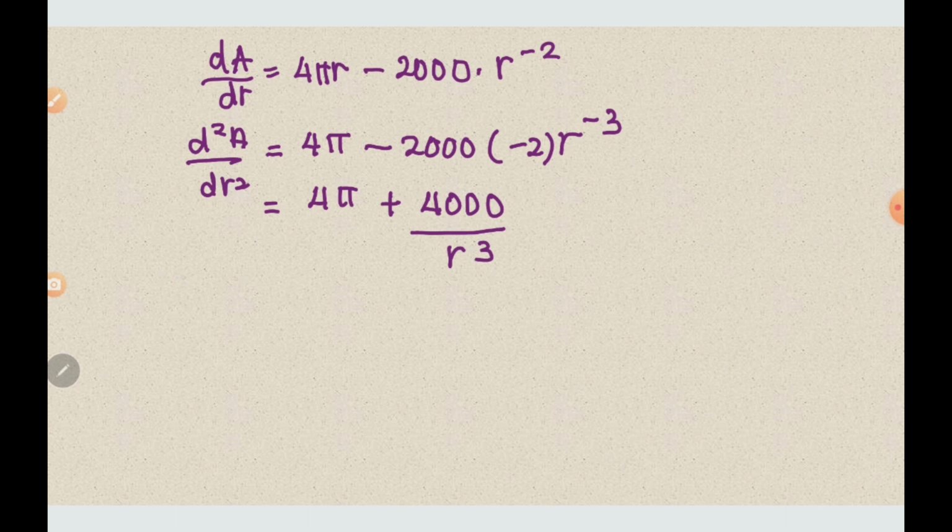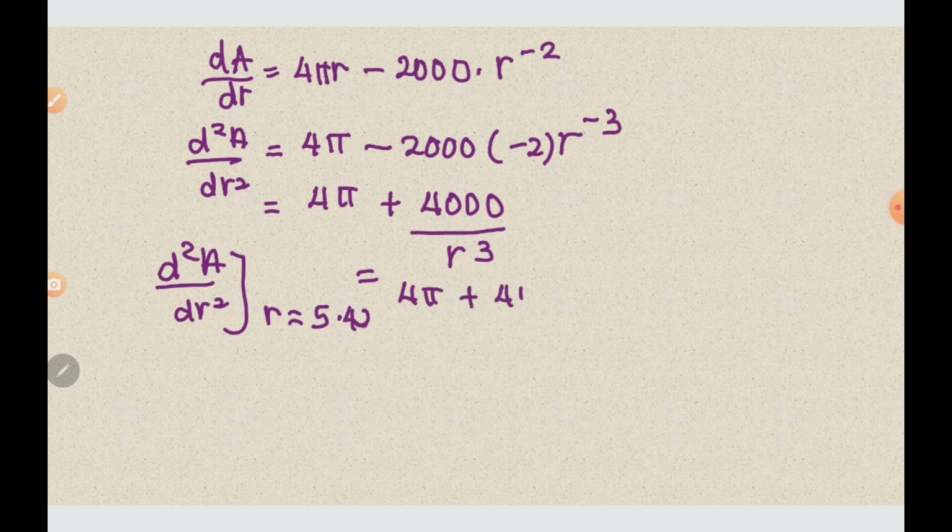Okay, so now we will substitute the value of r equals 5.42 into d squared A/dr squared. Now I will substitute r equals 5.42 and the answer will be 4 pi plus 4,000 over 5.42 cubed, and the answer will be more than 0.